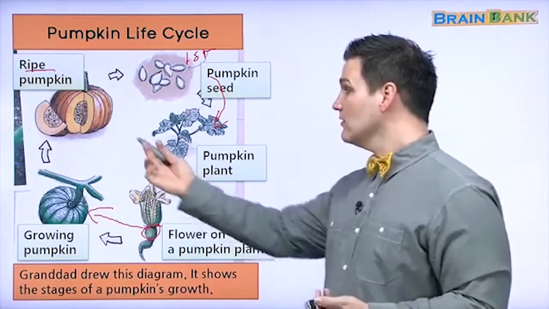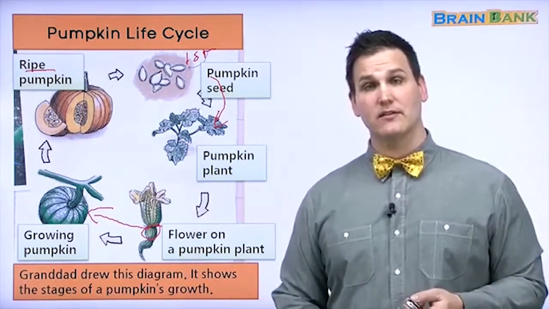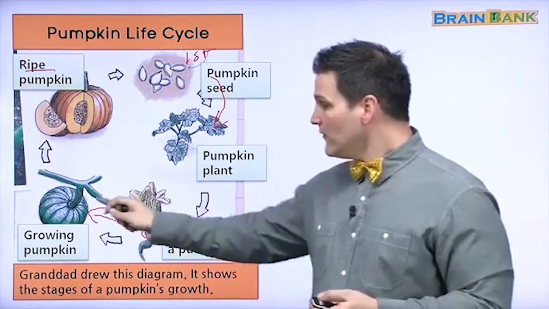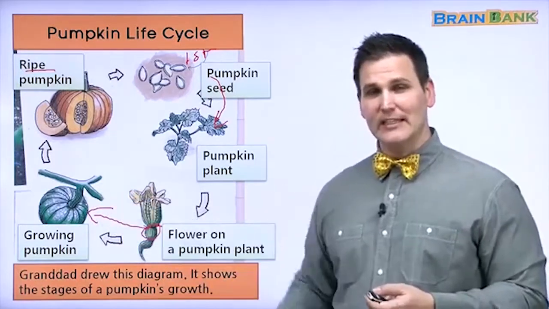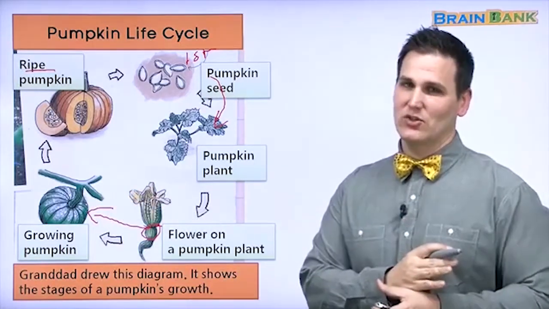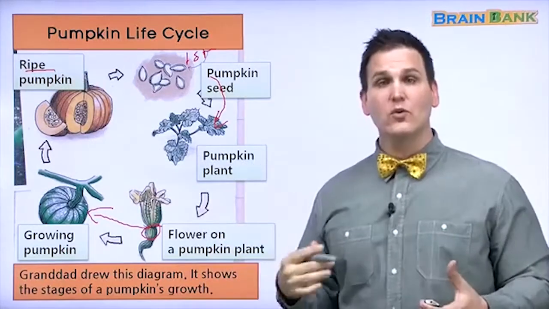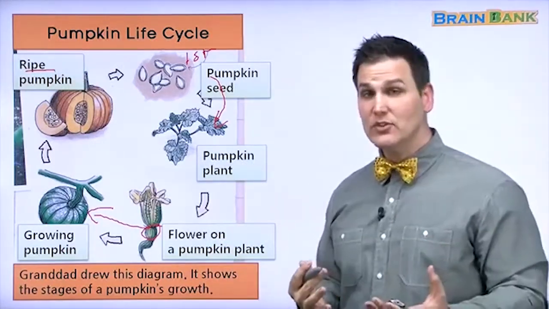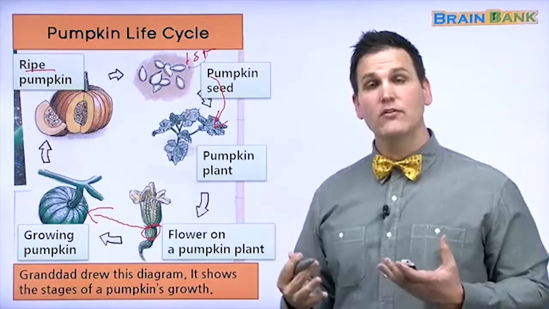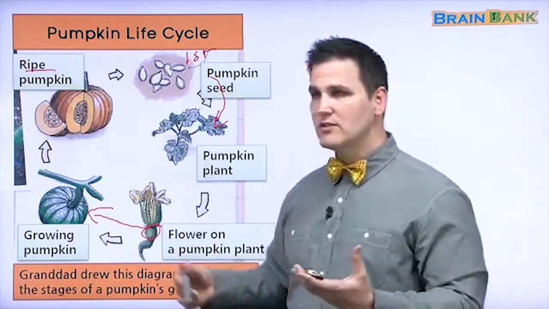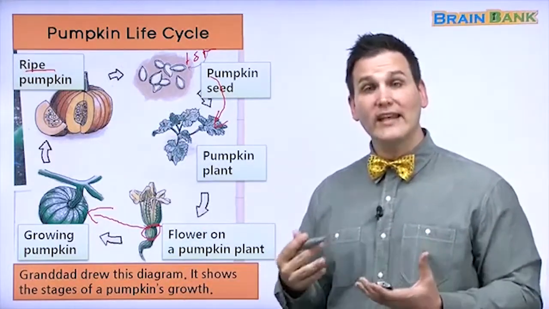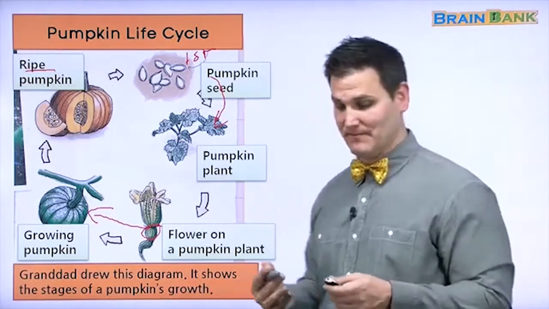If you want, you can eat that pumpkin. If you try to eat this pumpkin, it will not taste good. So you always want to eat ripe vegetables and ripe fruit. Ripe means mature or ready to be eaten.